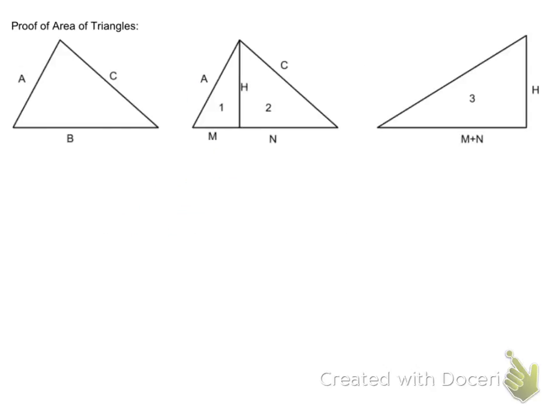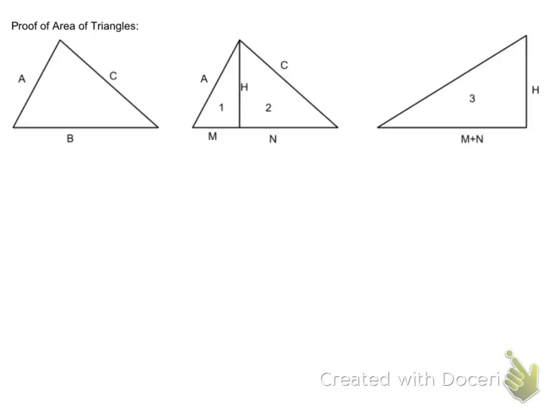So, let's do a small proof here. We've got a triangle, we're going to call it ABC. This triangle ABC is not necessarily a right triangle. It can be any kind of triangle. We know it's not right because it doesn't have a box in here someplace. But let's break this into right triangles.